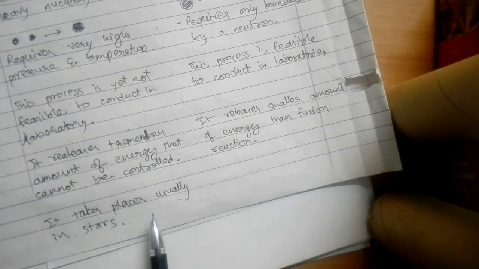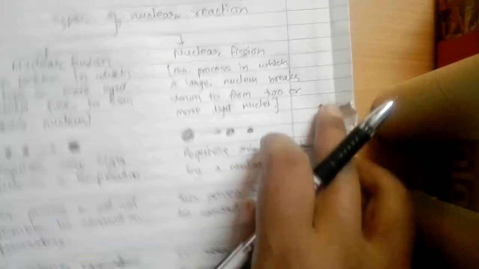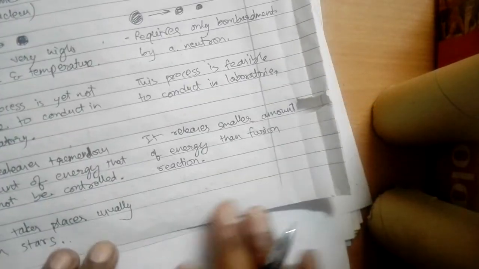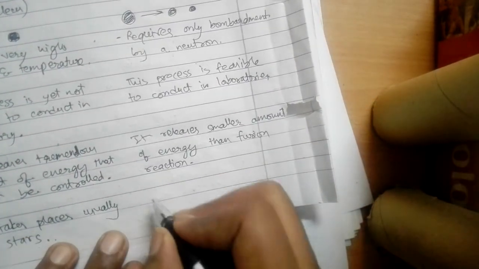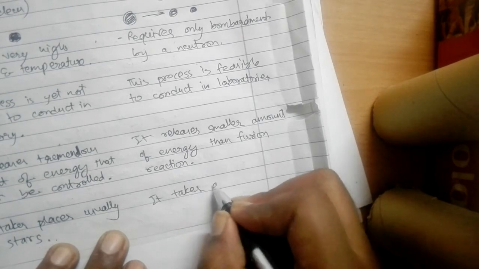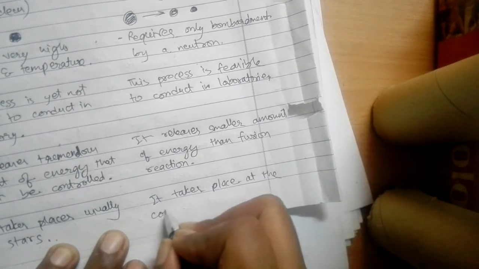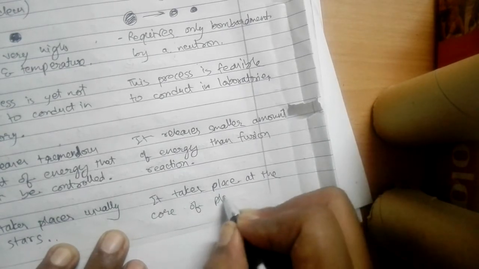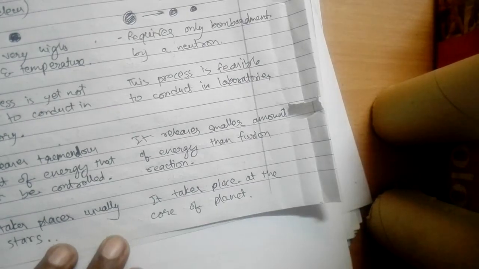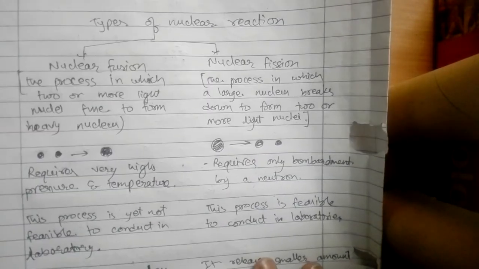That's why stars produce very large amount of energy, and we discussed this in the title of solar energy as well. Whereas nuclear fission reaction naturally takes place at the core of planet. Okay, so these are the differences between nuclear fission and nuclear fusion reaction.